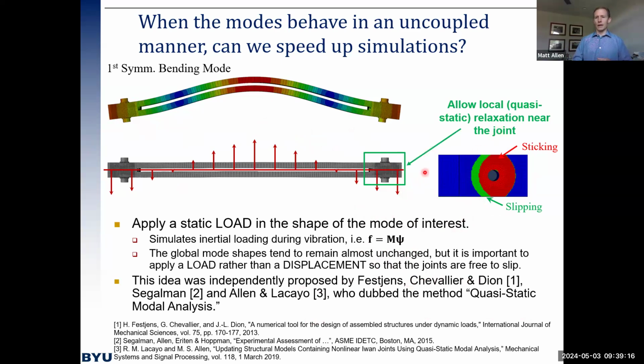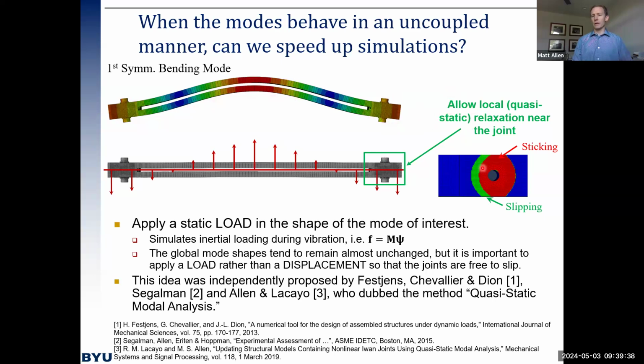Now, one thing I want to point out, that's the key to this working. This is kind of like a Ritz modeling or a Galerkin modeling, where we replace the structure with a modal model. Like we could do an eigenvalue problem and replace our full model with a reduced model that contains only this one mode.